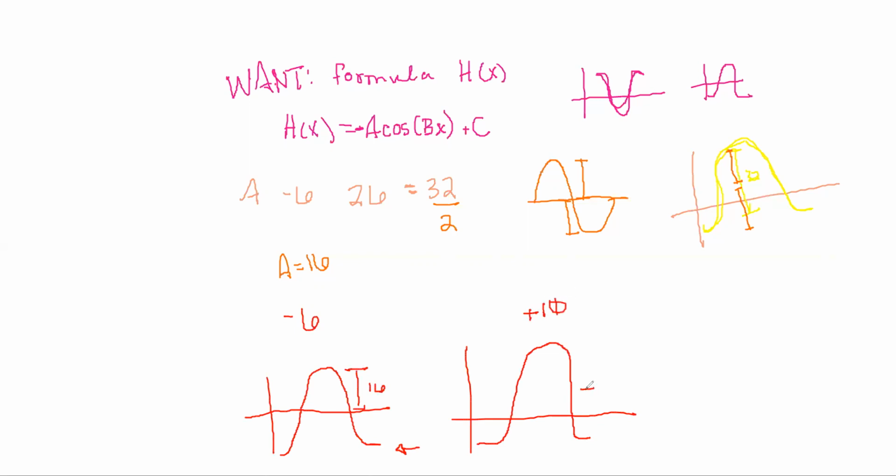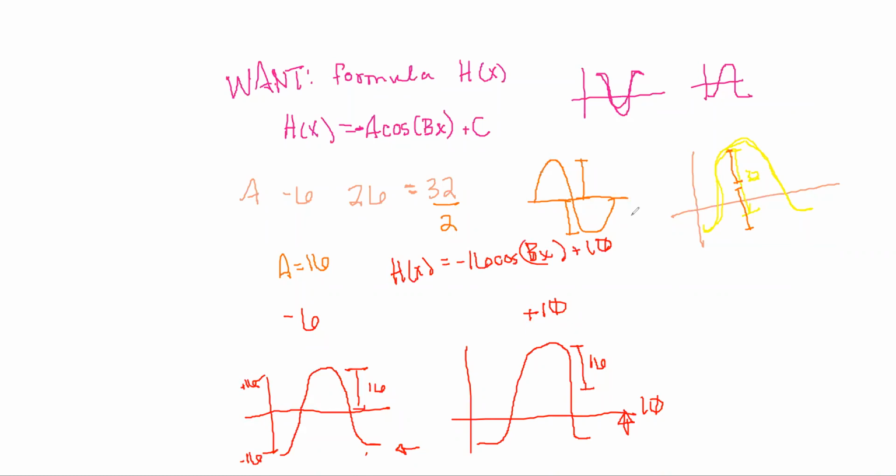So my amplitude is still 16, but it's been moved up 10 because this low point is not at -16. So we have h of x is equal to -16 cosine. We still haven't found b, but we have found c.